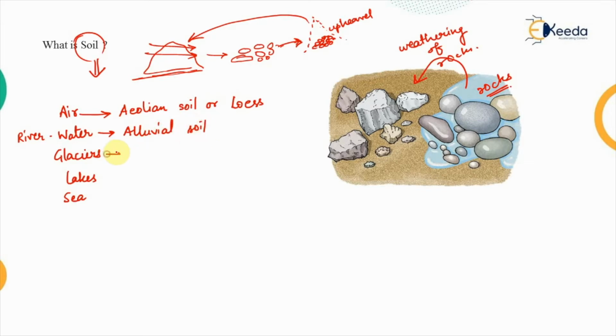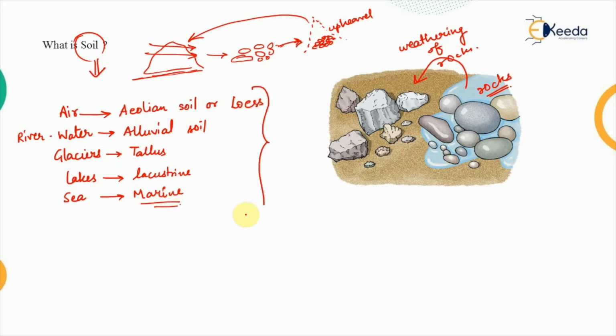If the soil is transported by the glacier or the avalanche, that is known as the talus soil. If the soil is deposited because of the lake water, that is classified as the lacustrine soil. And the soil deposited because of the sea water is known as the marine soil.